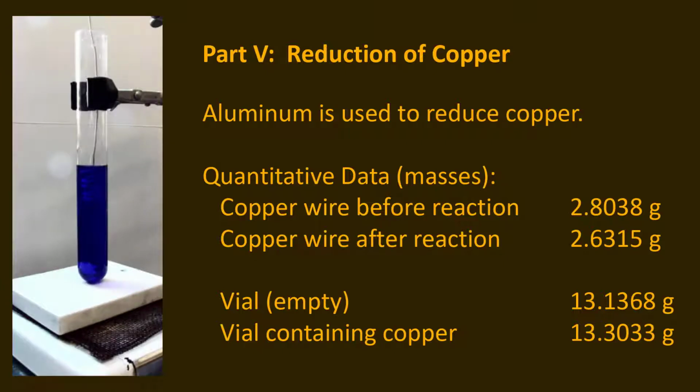And in a single replacement reaction, one of the two reactants is a solid. Aluminum itself is exceptionally reactive, but the problem is that it's coated with this extremely unreactive aluminum oxide surface.